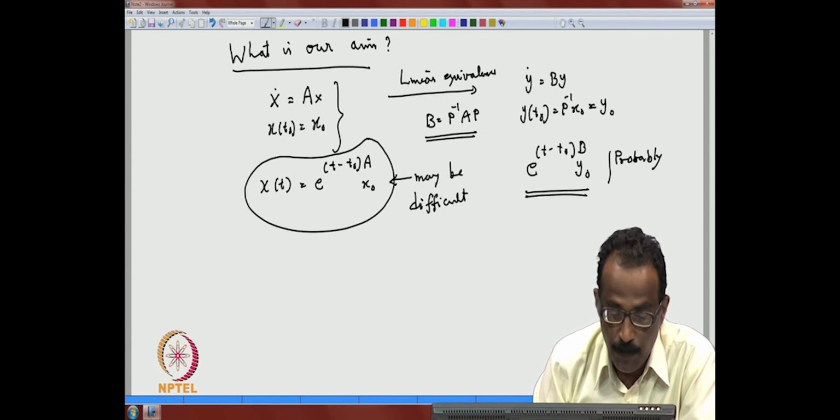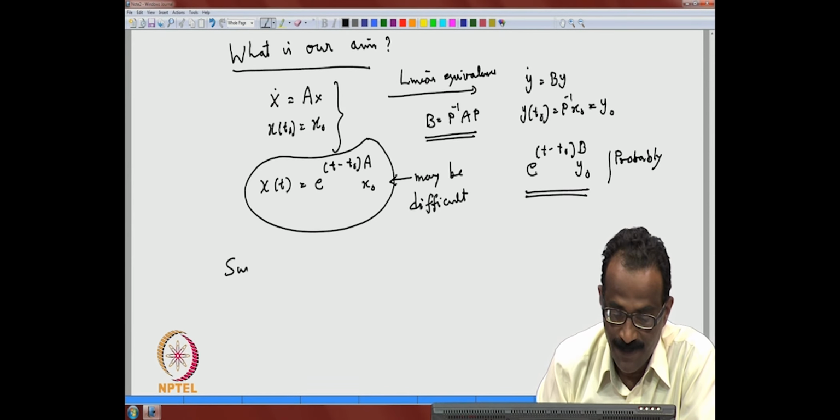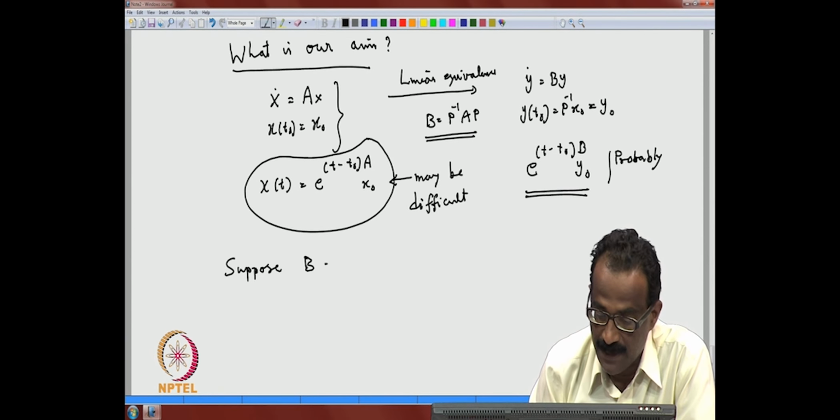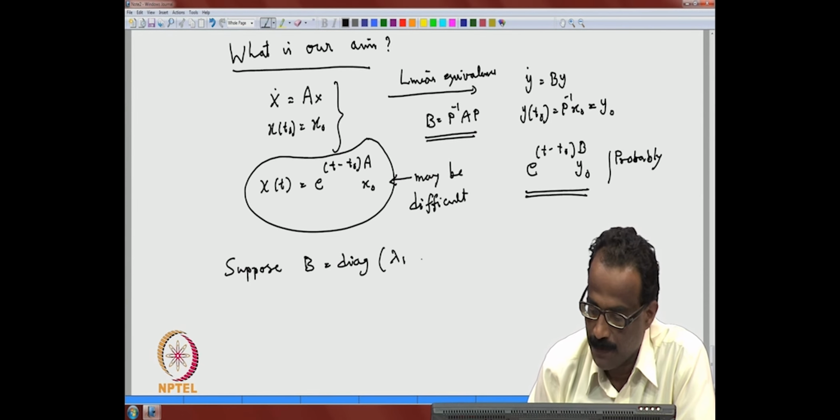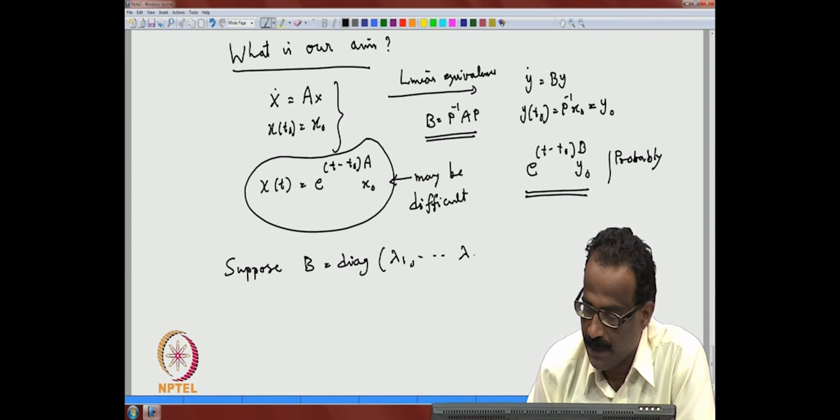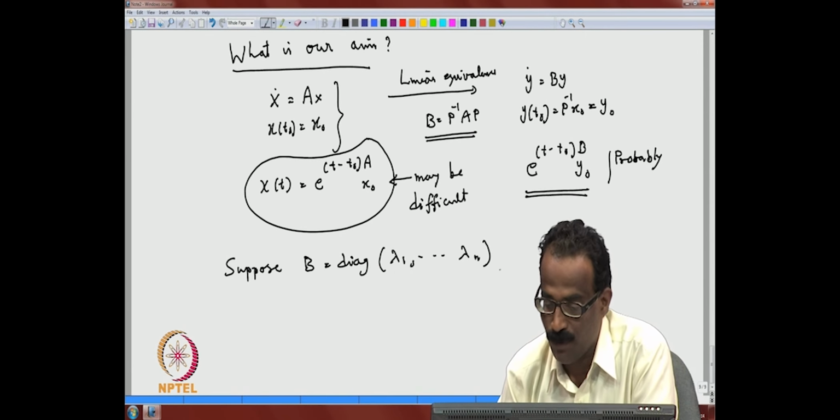You see, suppose B is diagonal, lambda 1 etcetera up to lambda n. Then what is the solution y(t)?